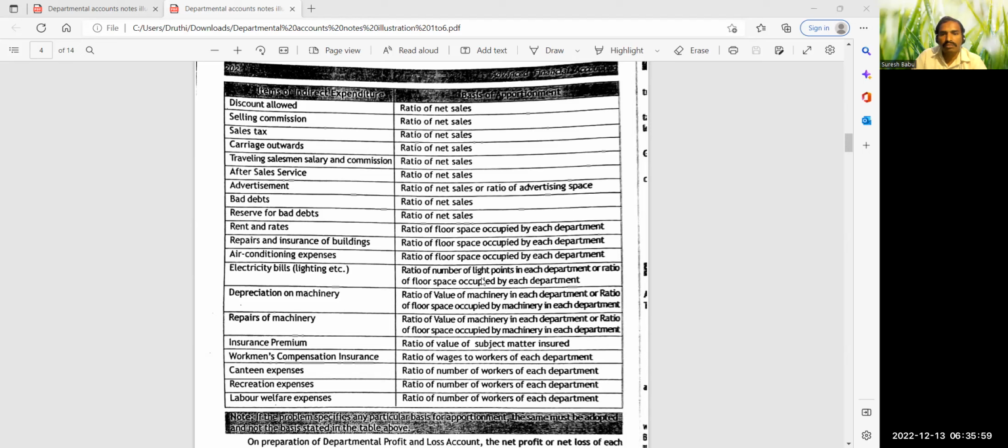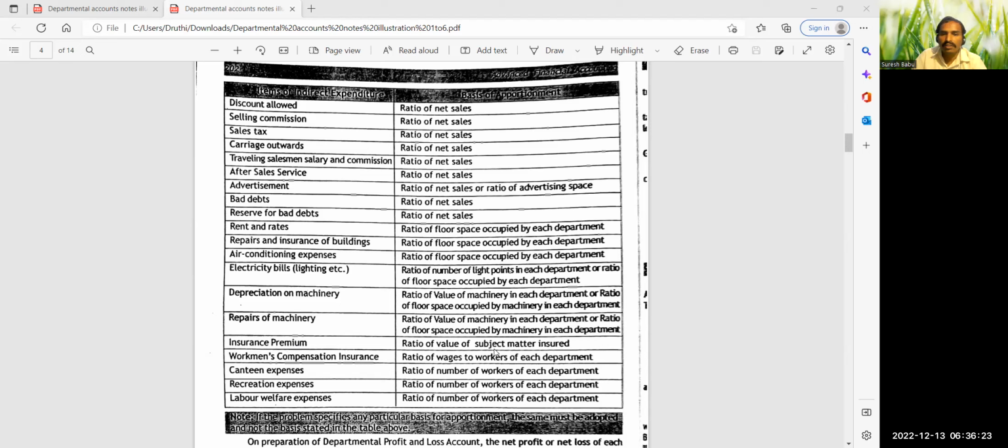It is ratio of number of light points in each department, or ratio of floor space occupied by each department. Either of these is the basis. Depreciation on machinery, ratio of value of machinery, or ratio of floor space occupied. Remember this. Repairs of machinery, same ratio of value of machinery of each department.